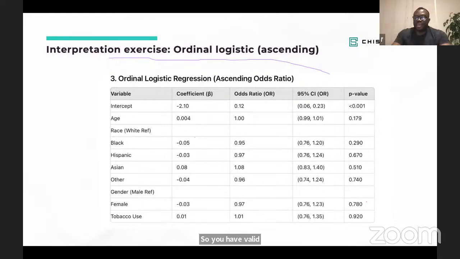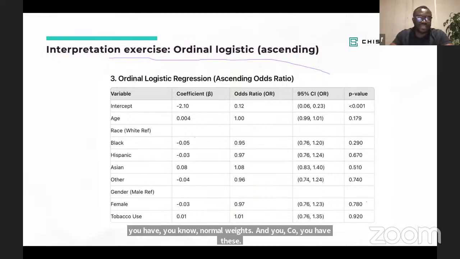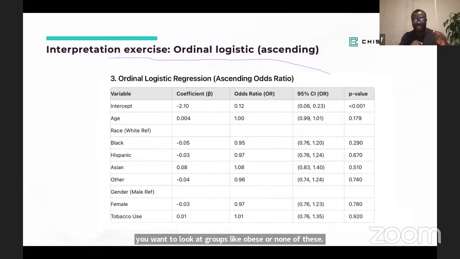So what can you do in that case? You can see whether you can collapse some groups together. In this case, you have underweight, normal weight, and obese. Perhaps you want to look at groups like obese or non-obese. It is smaller, and of course it's cruder because you are losing some information, but it's always one of these trade-offs between precision and validity.